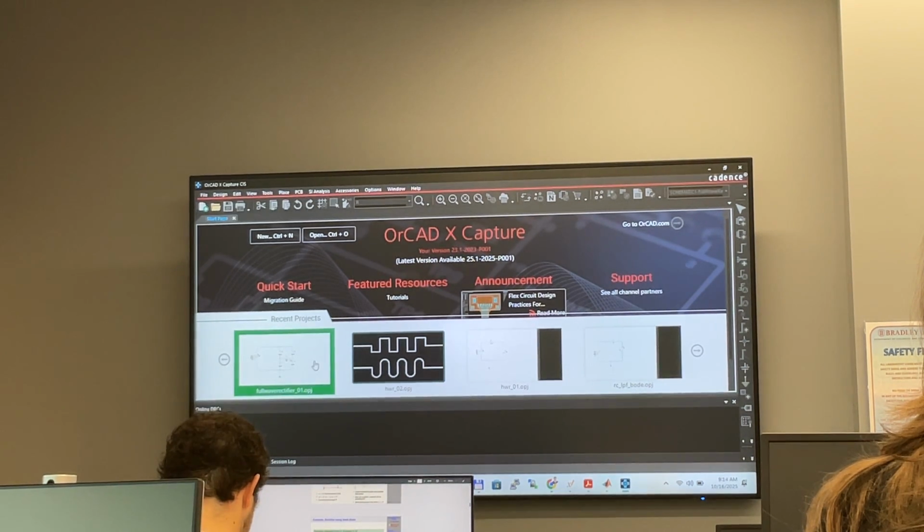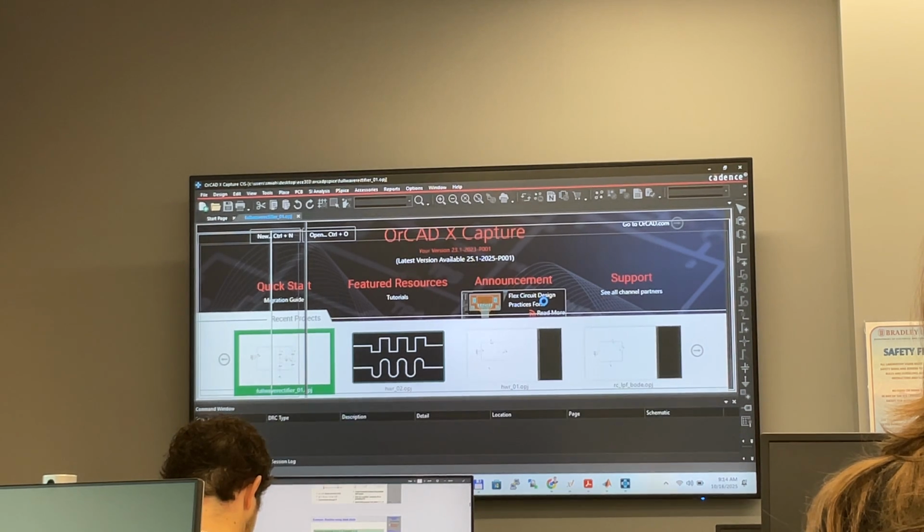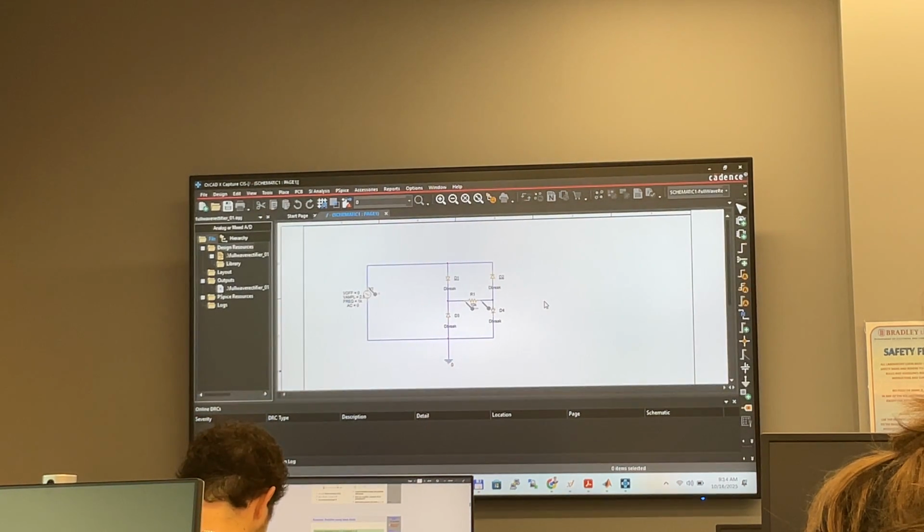So let's open this overlap rectifier. This is part 4 of your laboratory experiment. Okay.